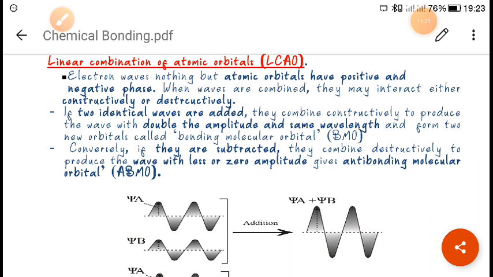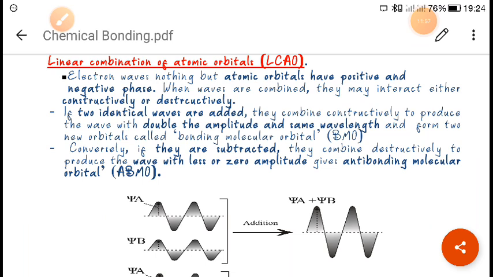That is, they will overlap along the line perpendicular to the axis. This type of overlapping gives pi molecular orbitals, because they are not symmetrical about the internuclear axis.